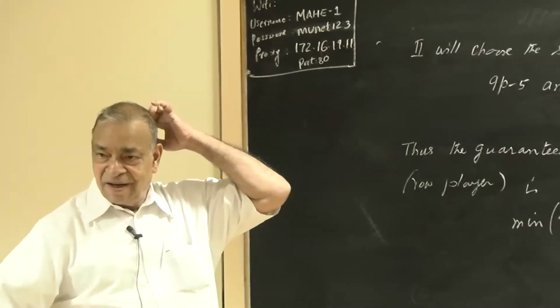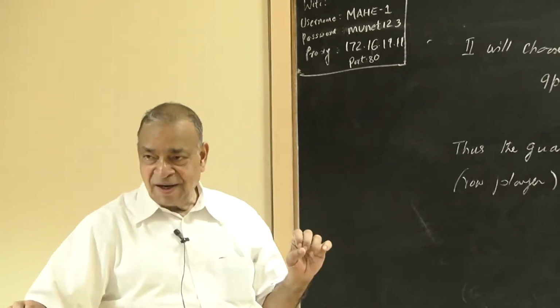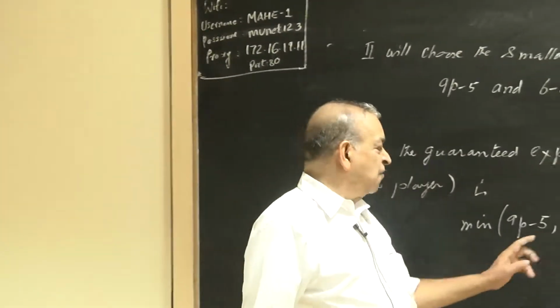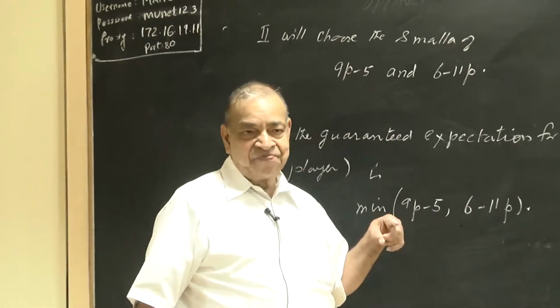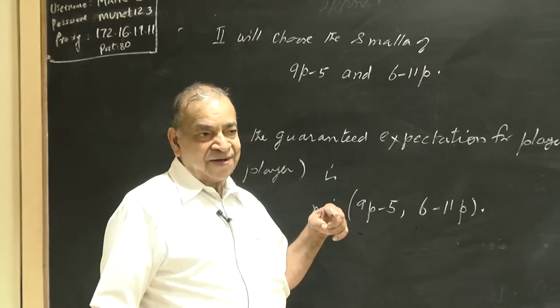Do you agree? Player 1 is going to get either this or that, and at worst it will get the minimum of the two. Agreed?